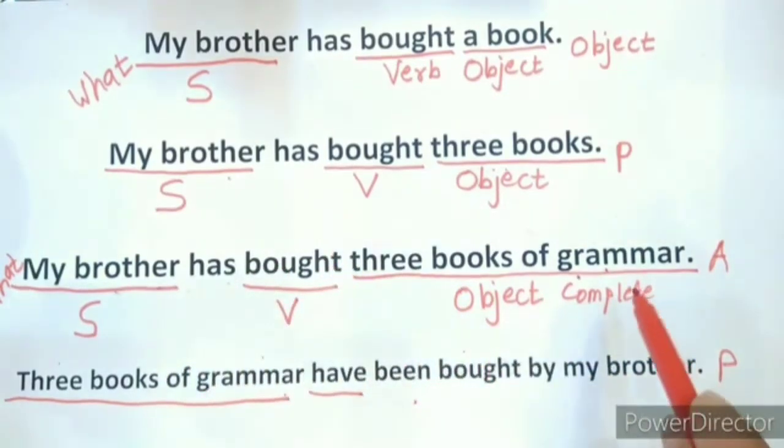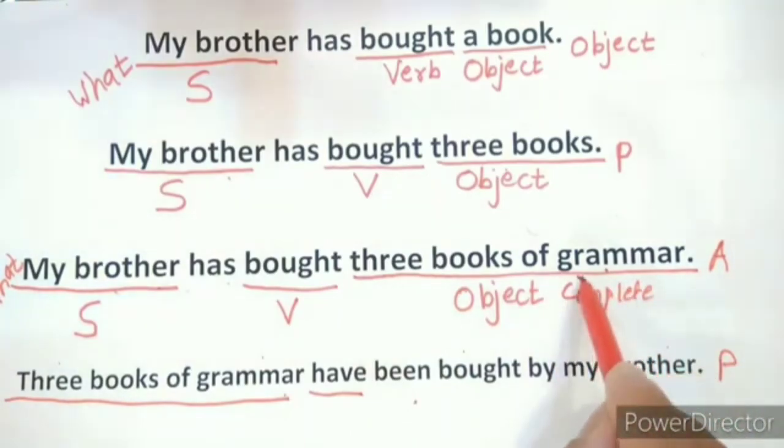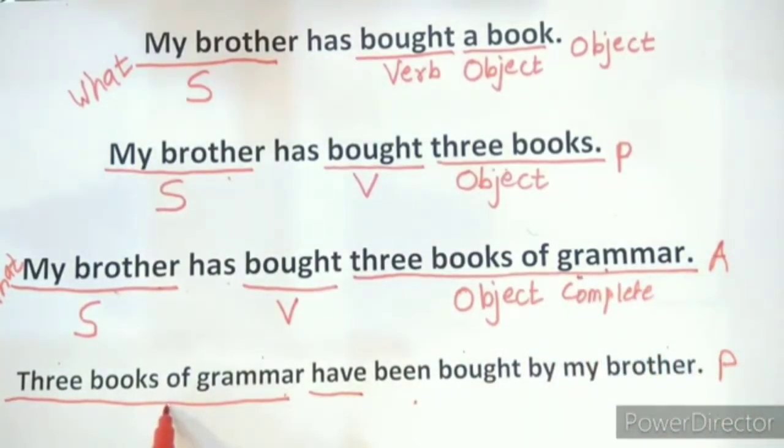But now we have swapped this object in the beginning of this passive voice. Since the object is in a plural form, 3 books of grammar, therefore I selected the plural form of this helping verb have.